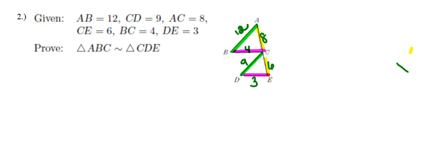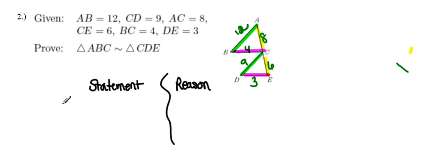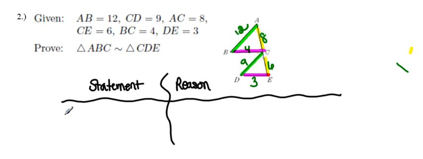Like the first proof, I'm going to get started with the givens. Maybe this time, just to be different, I'll write my proof in a 2-column format. So again, all I'm doing here is stating the given.